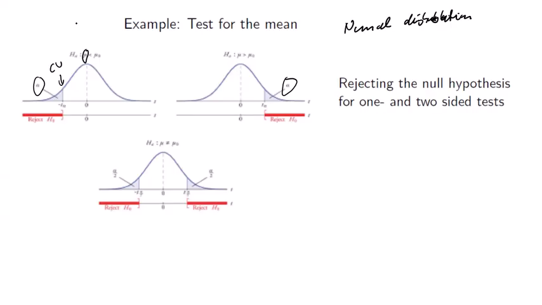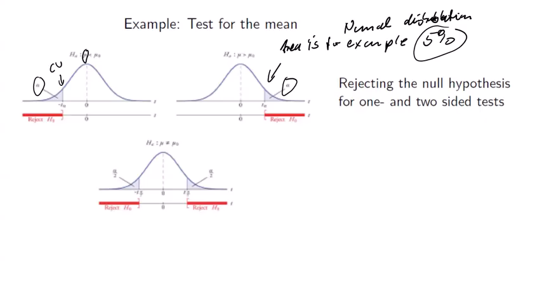And this area here is 5%. So the overall probability should be 5%.